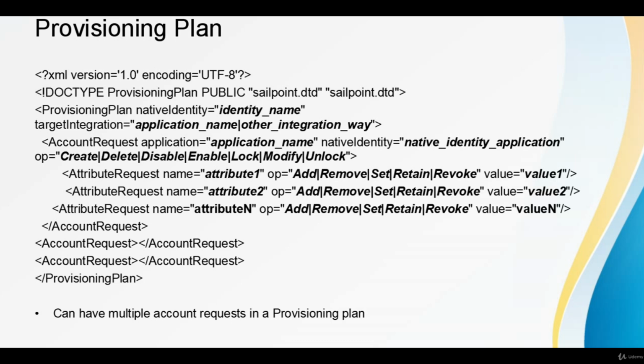So whenever you want to create your own provisioning plan in a workflow or in a rule, you can always write your own provisioning plan with the help of the API available in the Java doc. We will look into it, but for now we will see the way SailPoint creates the provisioning plan for you.